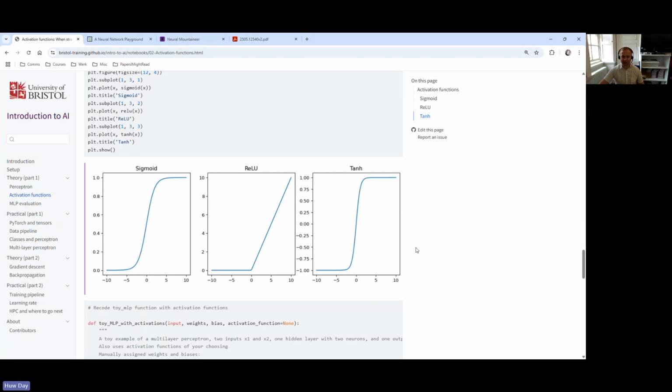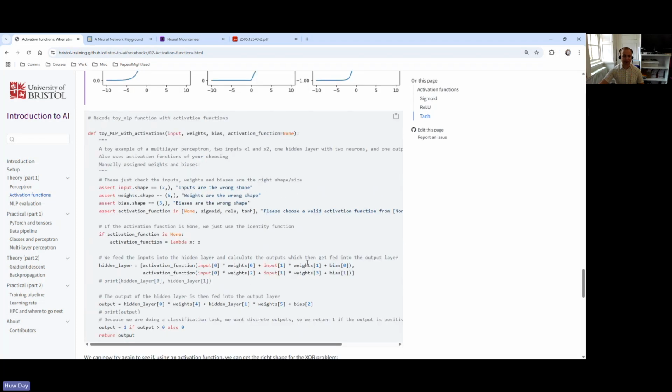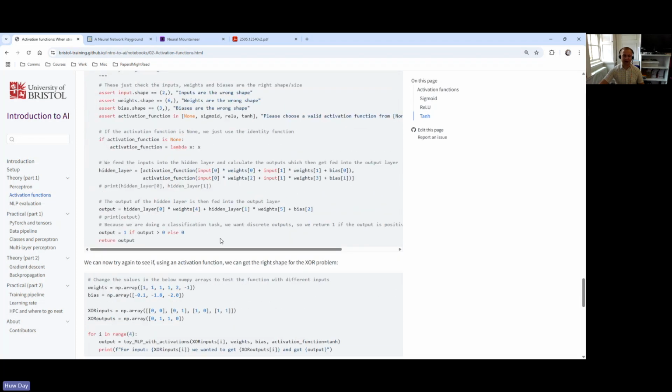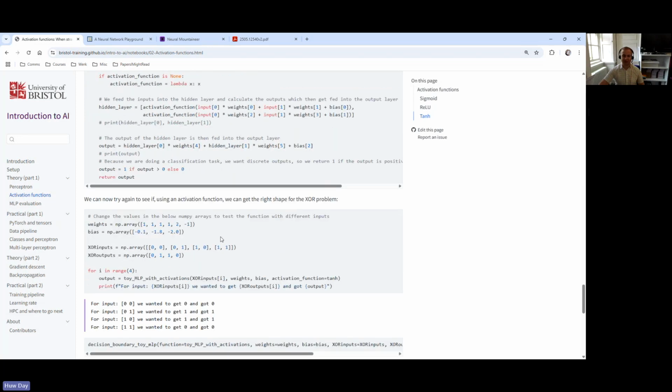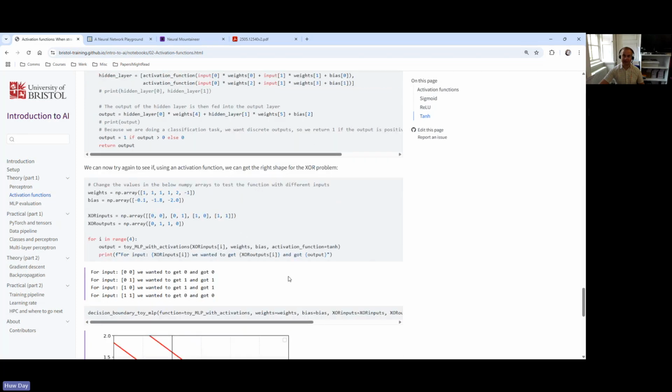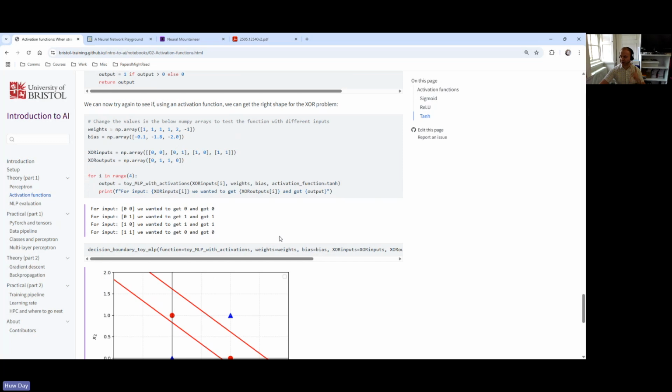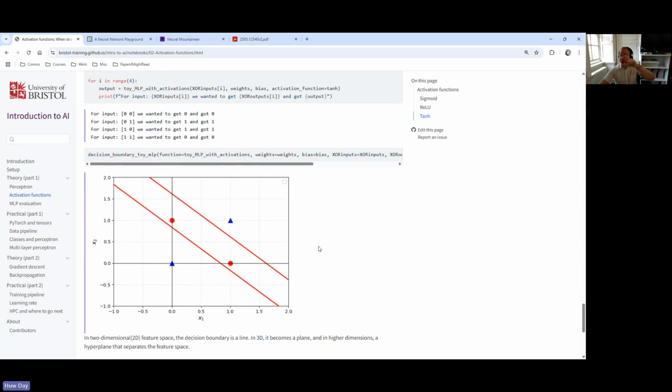So now what we can see is that there's some code here that feeds forward data into a neural network of the architecture I showed already, with 2 input nodes, 2 neurons in a hidden layer, and then an output layer, and is able to draw a decision boundary because it's using a nonlinear activation function.